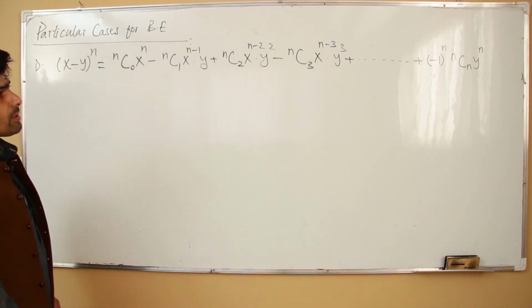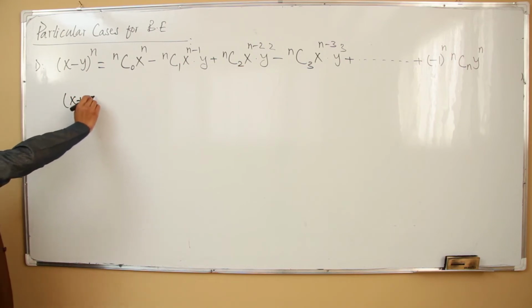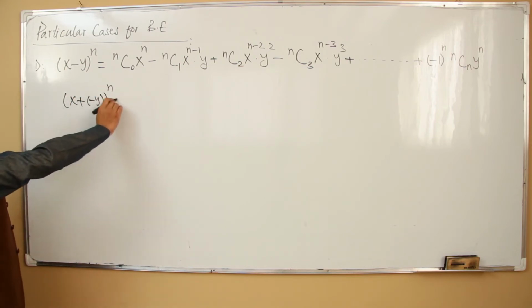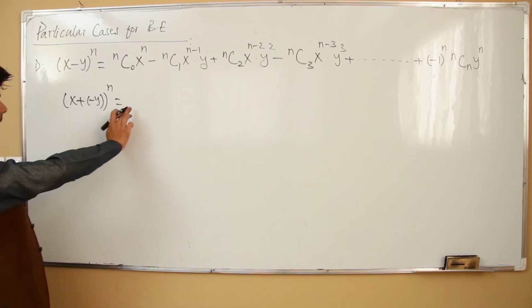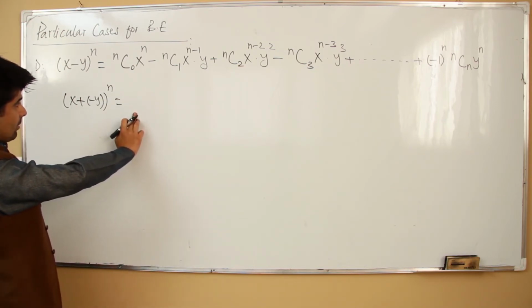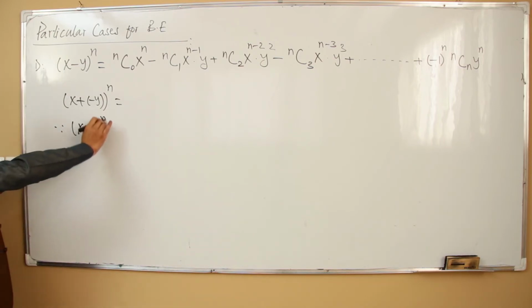How can you define this one? Can we write this as x plus or minus y raised to the power n? Yes, we can write. Now, what is the formula for (x plus y) raised to the power n?